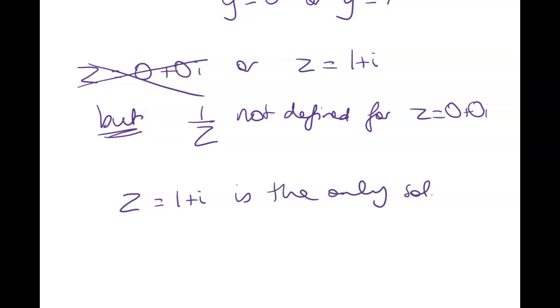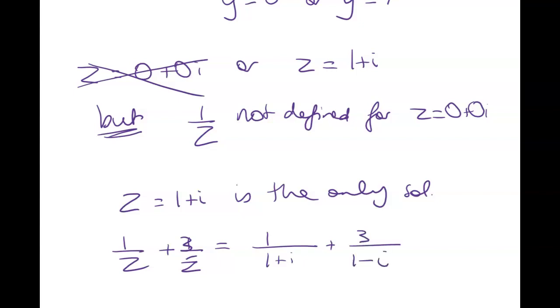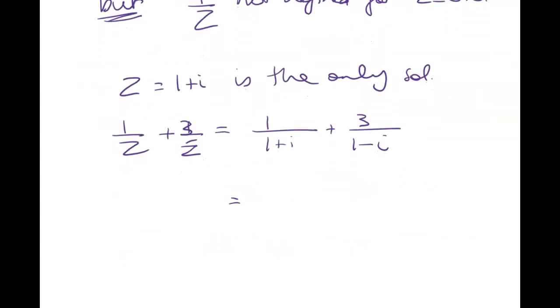Now I can check that back. Remember, we're looking at 1 over z plus 3 over the conjugate of z. So 1 over 1 plus i plus 3 over 1 minus i. We want to see what that would give us.